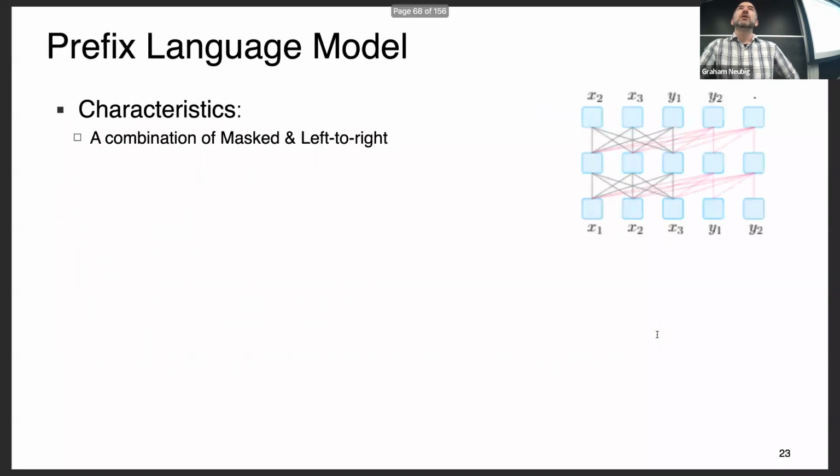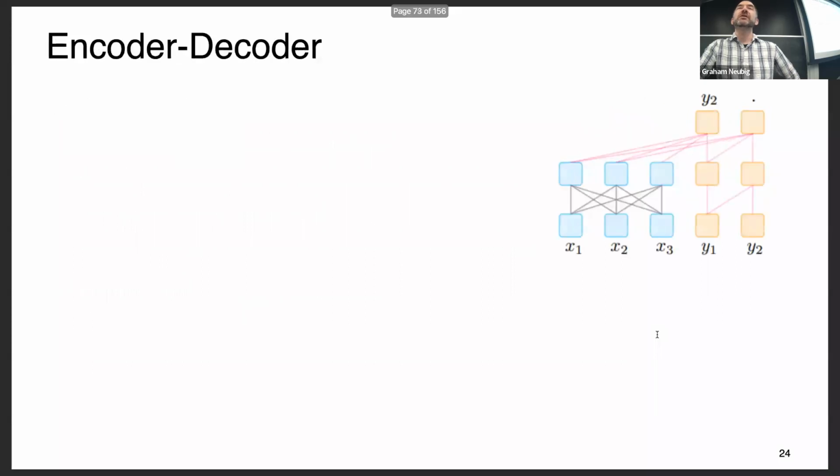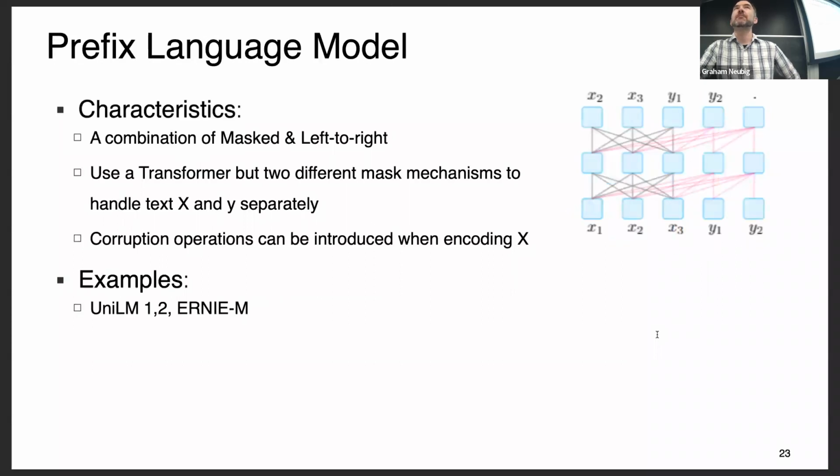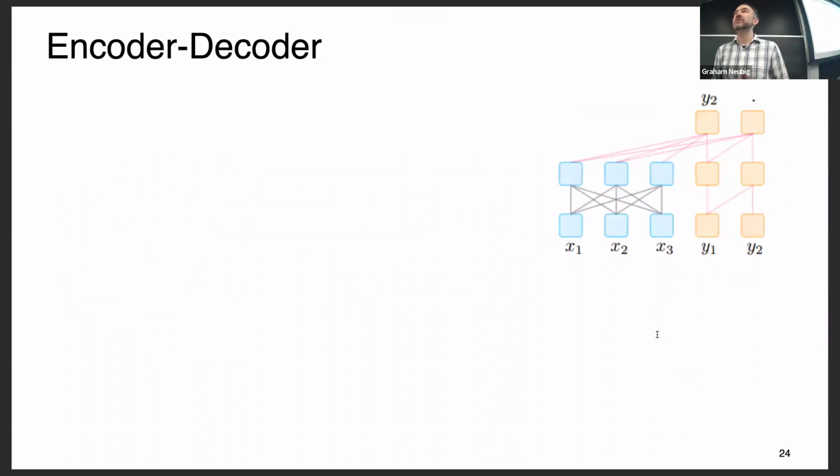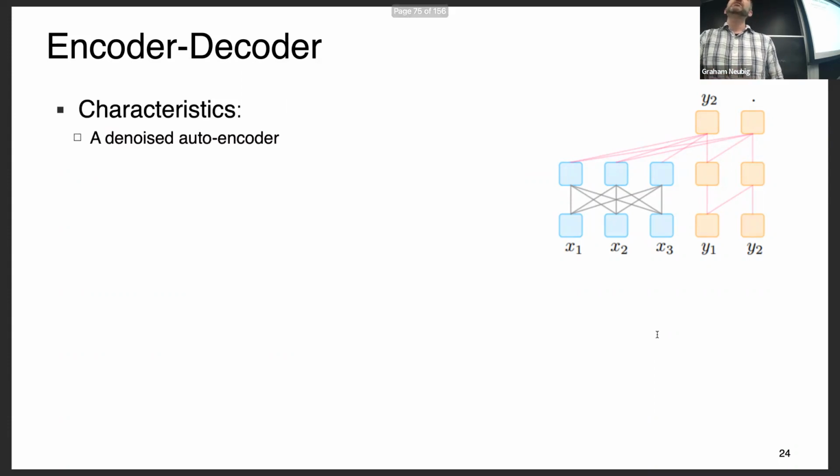Great. Okay, so prefix language models, as I said, are a little bit more esoteric, but they're a nice jumping point from the previous models to the next variety of models that I'm going to be talking about. And these are encoder-decoder pre-trained models. The characteristics of these models are basically that they're trained using a denoising autoencoder objective.